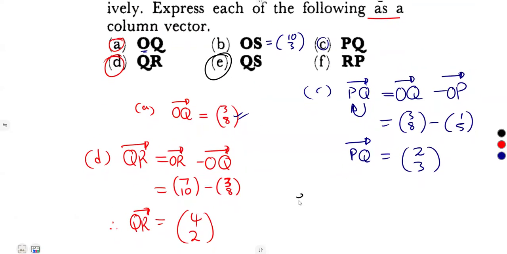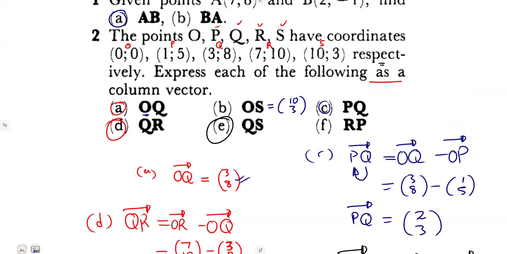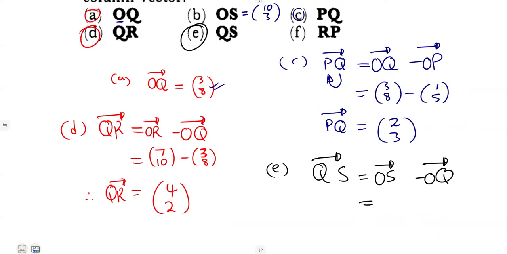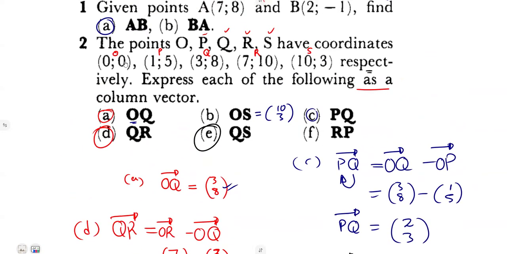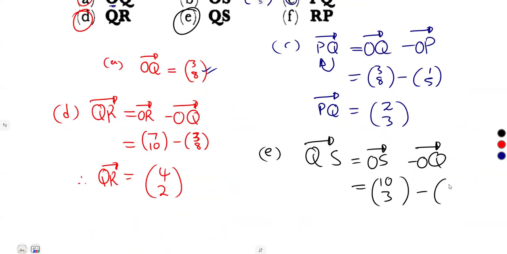QS, from Q to S, same concept, S minus Q, which is OS minus OQ. So substitute OS from the origin, the point S, which is 10, 3, minus OQ, the point Q, 3, 8.